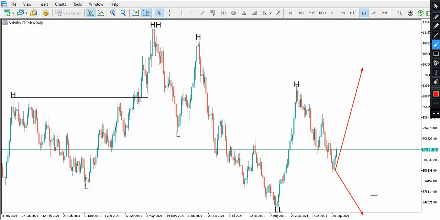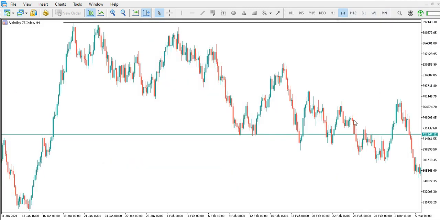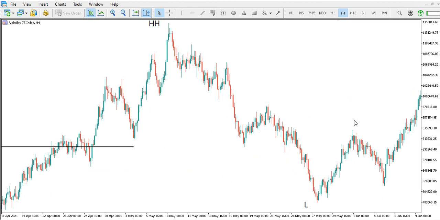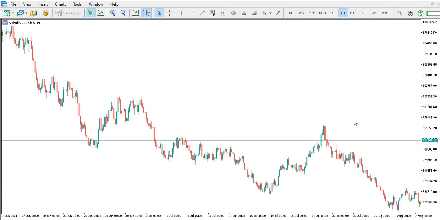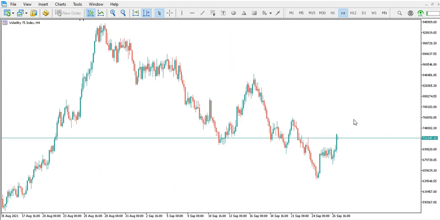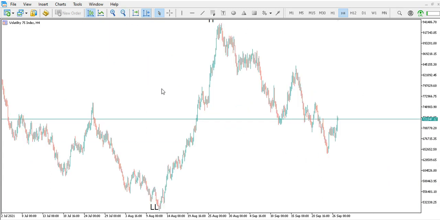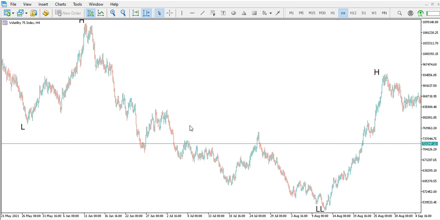Remember, we are on a downtrend until this previous high is taken, so we can then change to be bullish. But for now we are still bearish. So let's go down now to H4, our confirmation time frame. We use H4 as confirmation time frame in my group, as I said before.